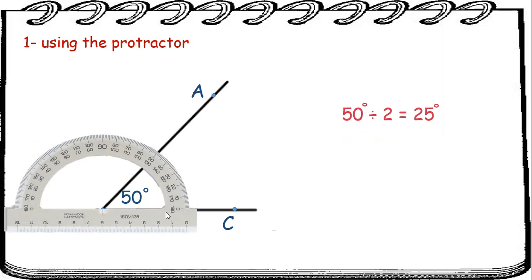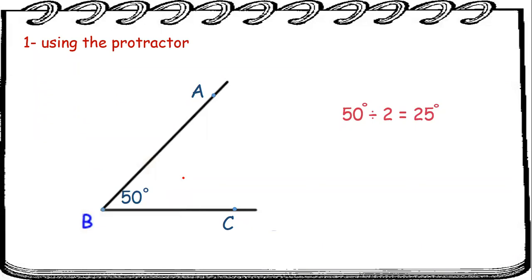So we take the protractor and we put the center of the protractor at the vertex B and the graduation 0 at the arm BC. We look at the numbers from this side because the arm BC is from this side, and we move on the numbers starting from 0 and we measure 25. Then we put a small point here and we join this point with the vertex B. We can name it, for example, X. So the bisector of this angle is BX.